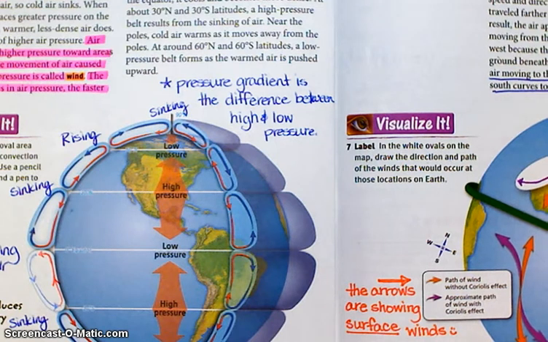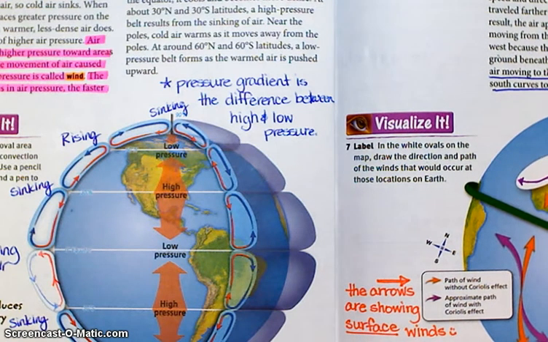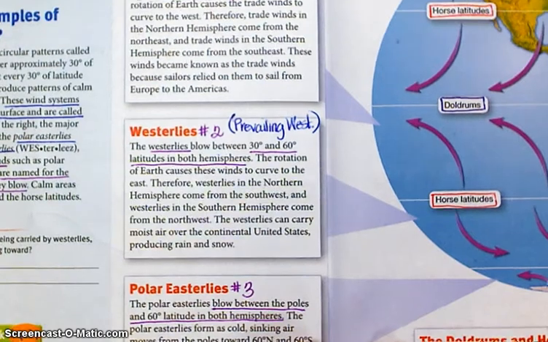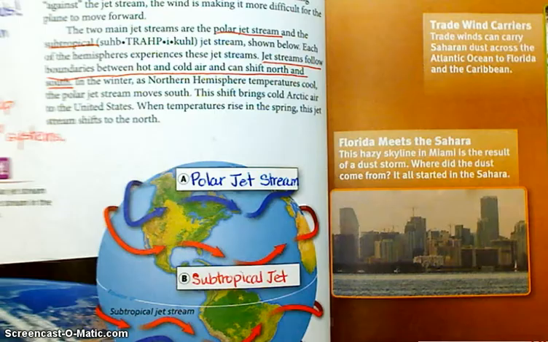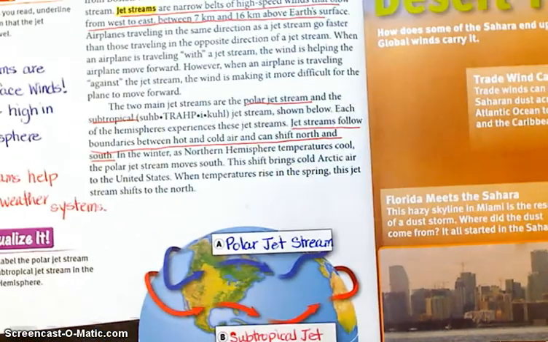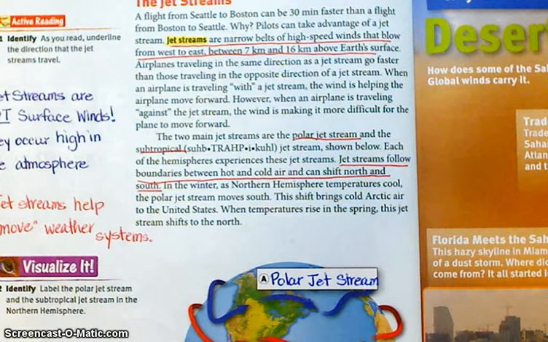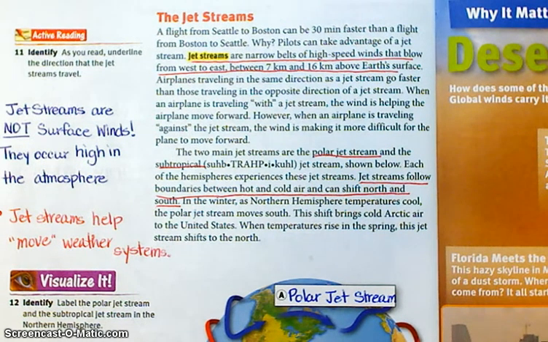What we've been talking about so far are global winds, winds that circulate on a global scale, worldwide. The jet stream is also a global scale wind. They're bands of winds that go all the way around the globe.